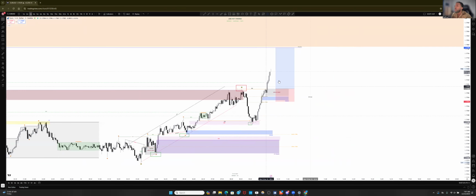Price needs more momentum. We could potentially get this retracement to come retest this zone and potentially push us through. Otherwise, the bullish pressure continues up. Let's see.